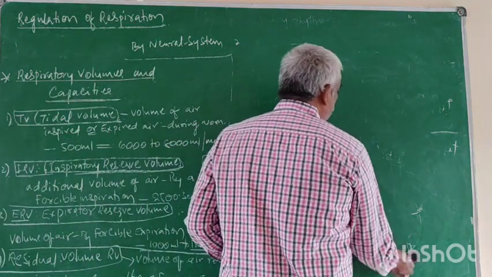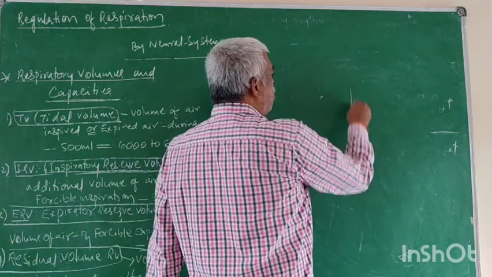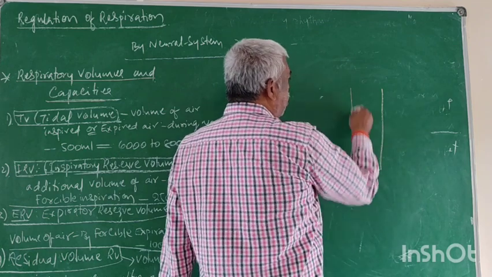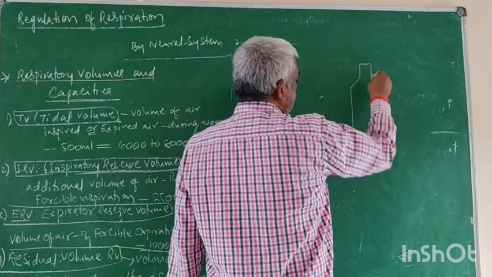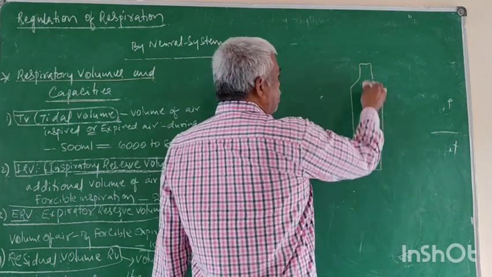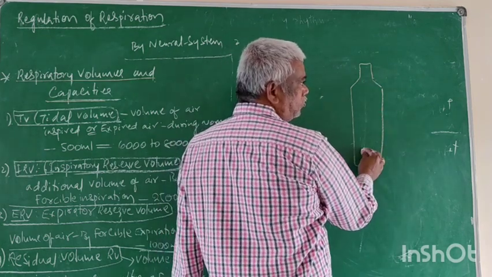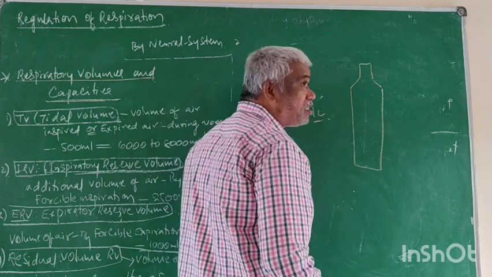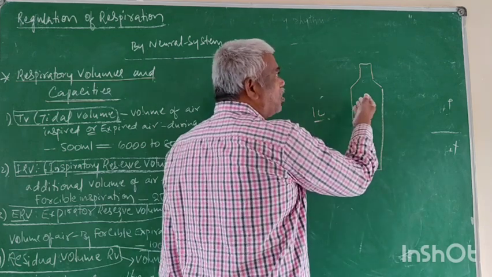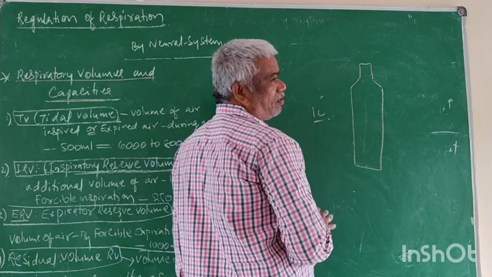Now suppose there is a glass. Its capacity is 1 liter. Other than 1 liter, it cannot accommodate.